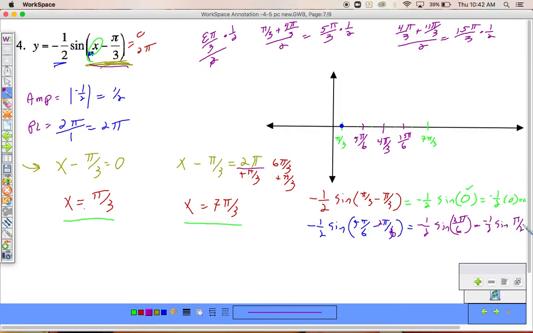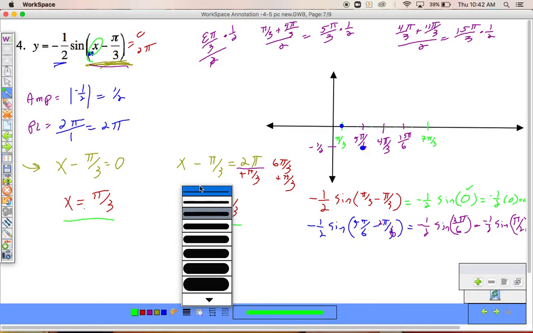Oh, there we go, my good value, pi over 2. Pi over 2 is at the top. The sine at the top is 1 times negative 1/2. I'm going to put my next point here.